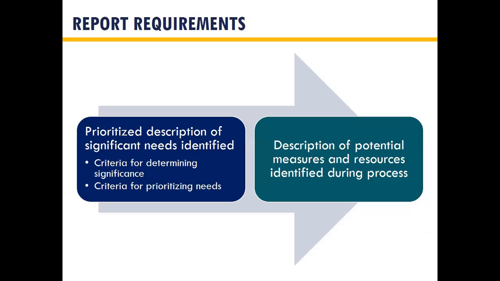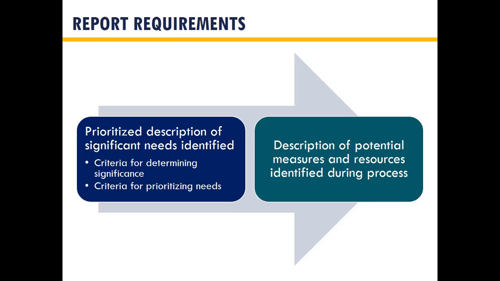The report also has to have a prioritized description of the significant needs identified. So while you're having your conversations, there might be 15 different needs that people bring up. You don't necessarily have to have all of those 15 listed, but you do need to come up with those top needs that you've prioritized, whether there are 3, 5, sometimes I'll see even up to 10.